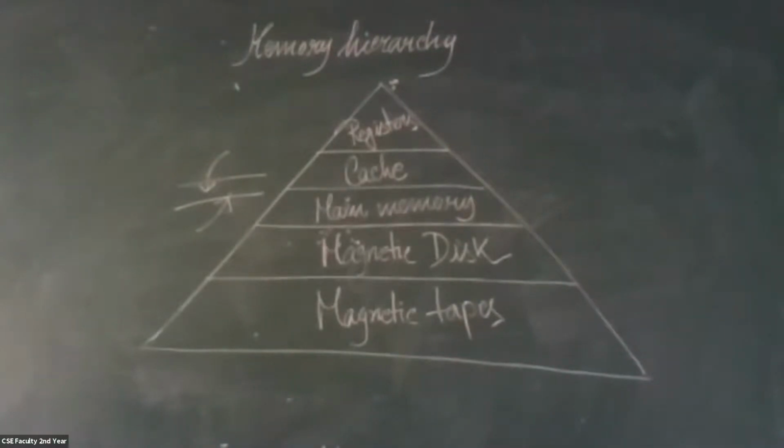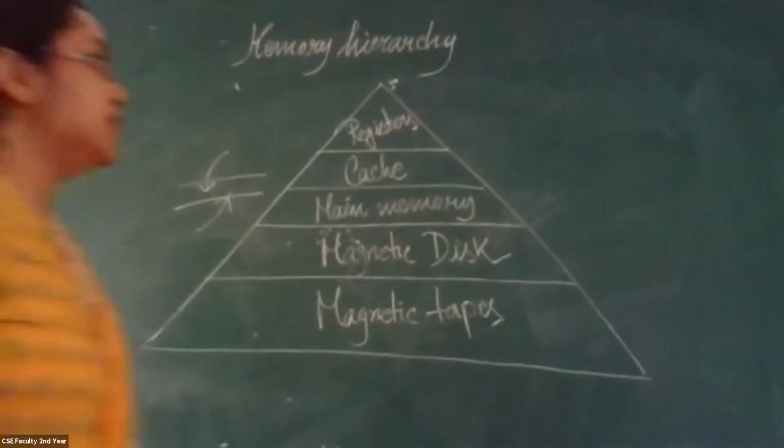First, note down access time. What is access time? Basically, access time is the time required to access a particular type of memory by the CPU.